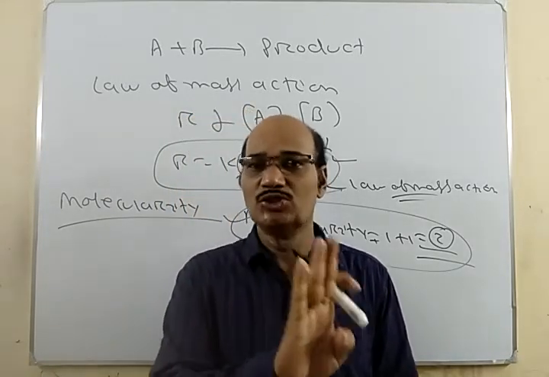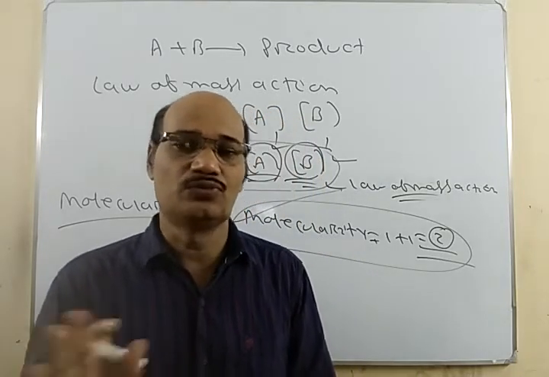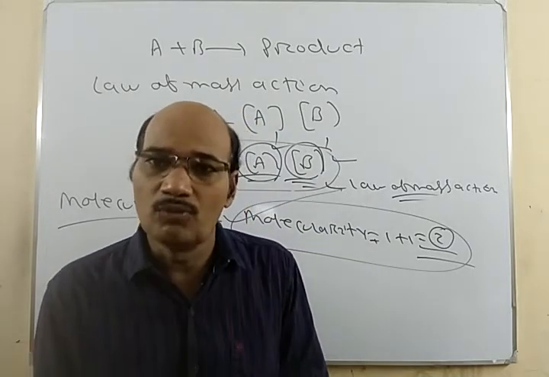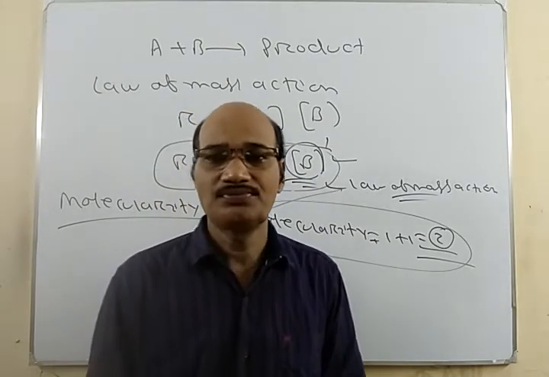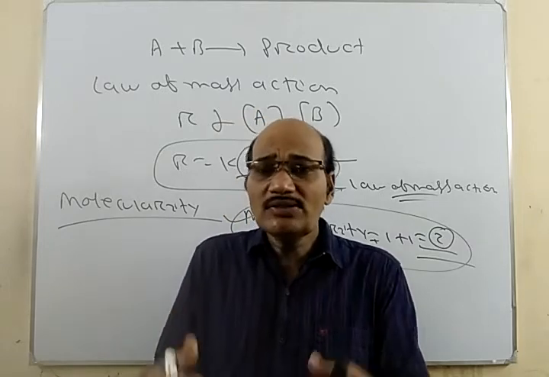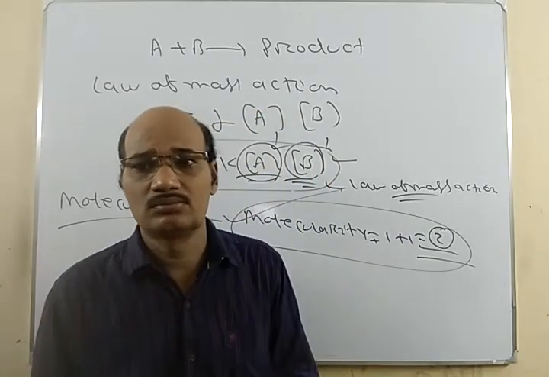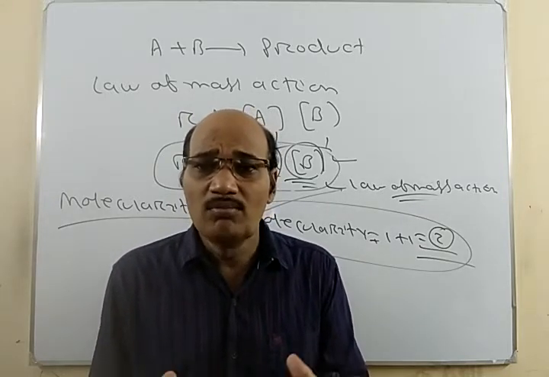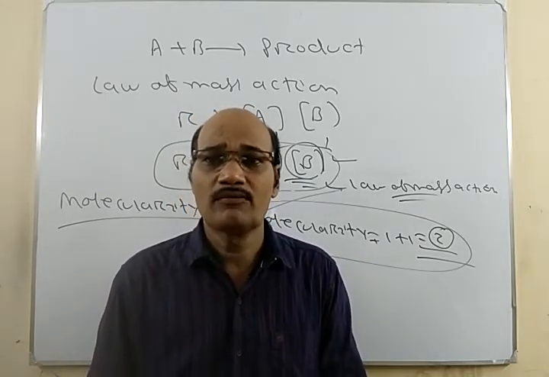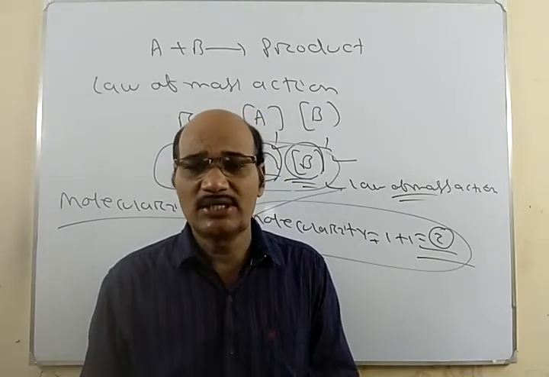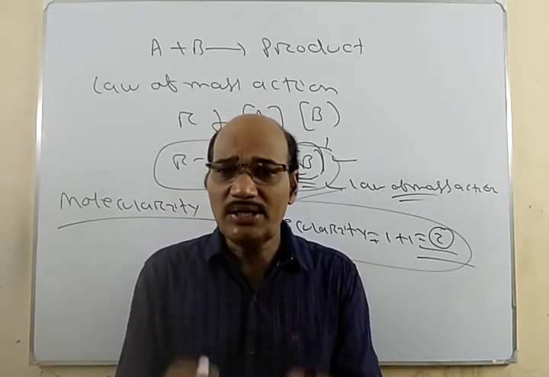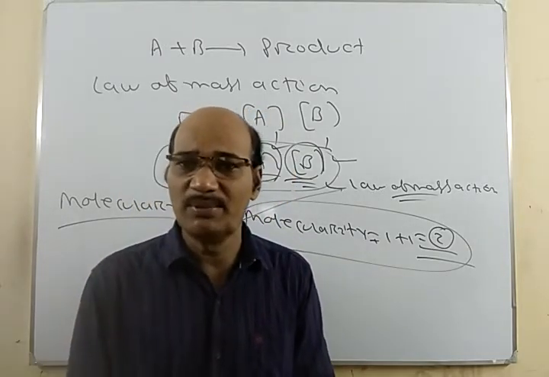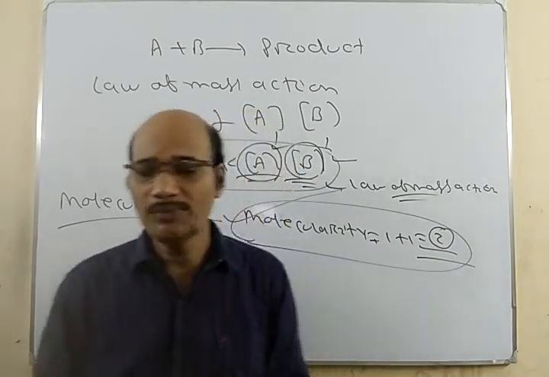It can never be 0. It may be 1, 2 or 3, and more than 3 is not possible. Simultaneous collision of more than 3 molecules is a rare phenomenon. That's why we say that the molecularity never exceeds 3. It's always a whole number. It never becomes 0.